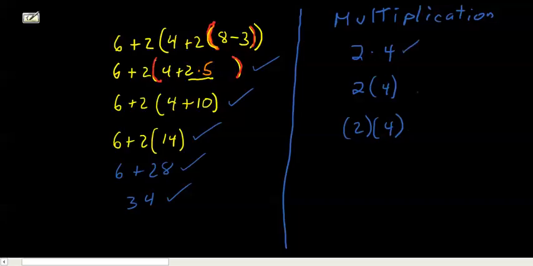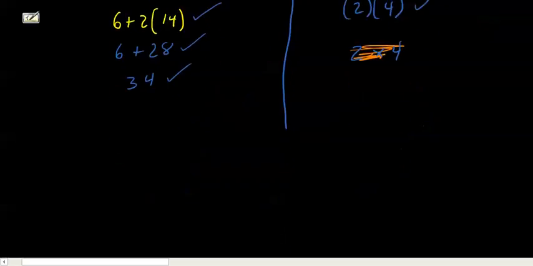All are good ways to show multiplication. This is not. In algebra, we use variables. Is that a multiply or is that a variable? Don't do it.